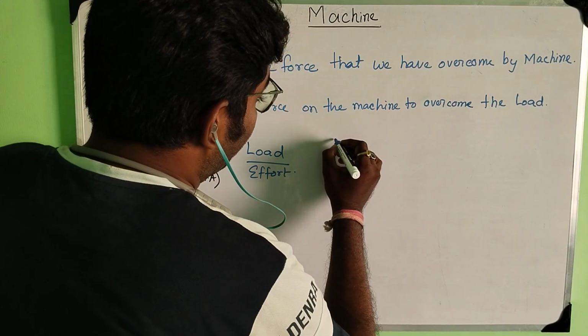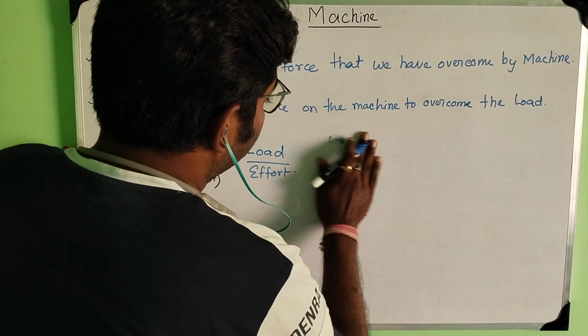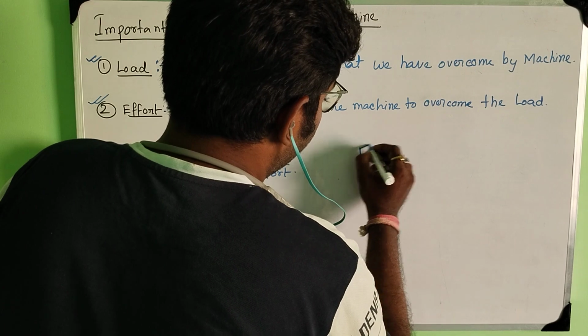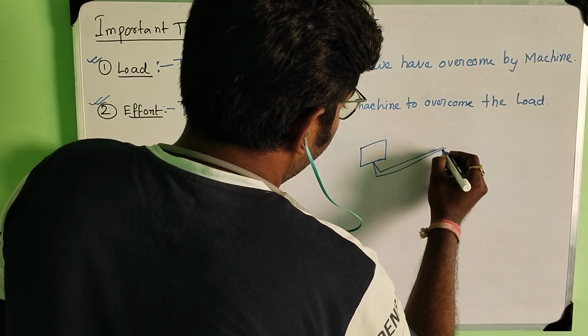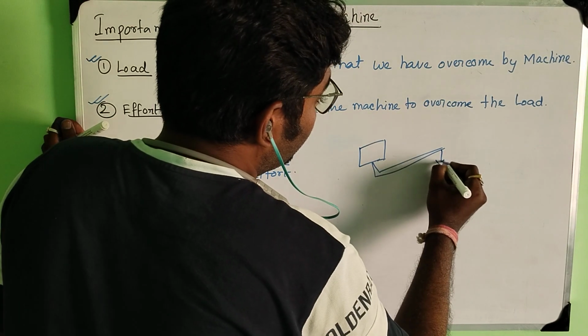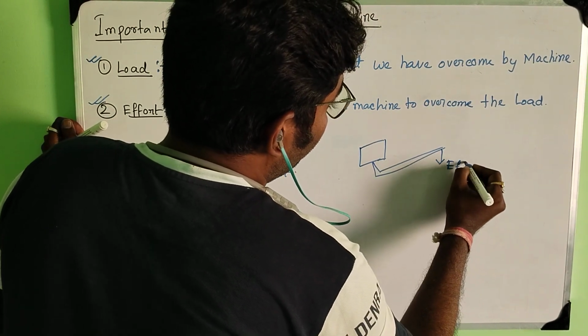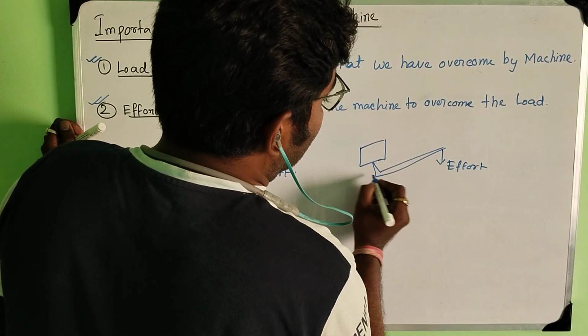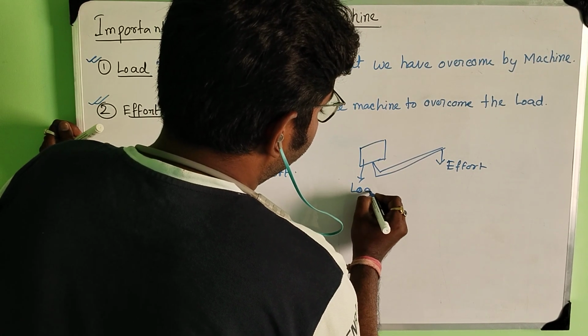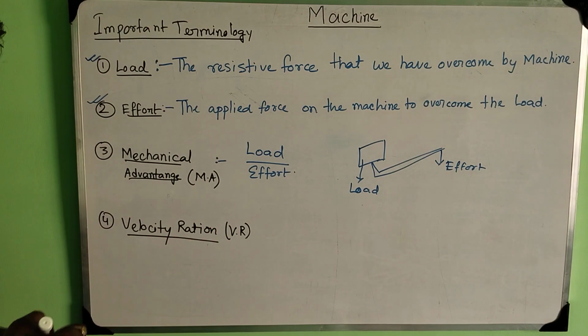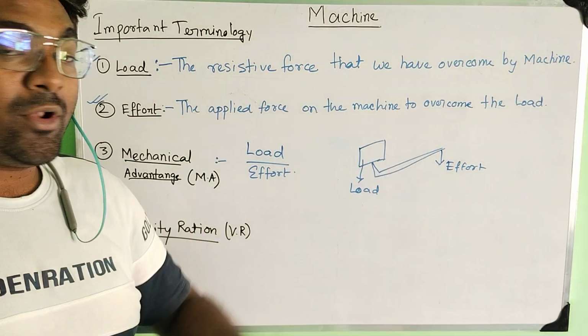Now see, suppose in the case of a crowbar, we were putting less effort and the load was very high. Load means the weight of the stone.